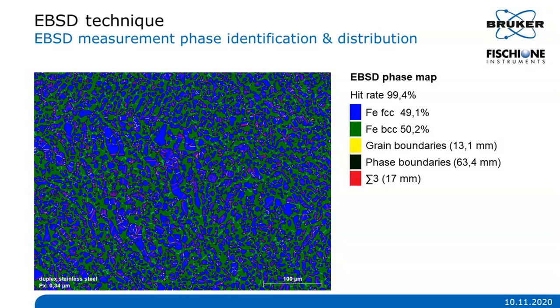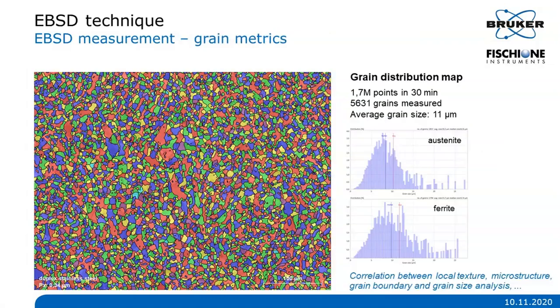From one single EBSD measurement, we retrieve a lot of information: phase distribution, orientation, so the texture, grain matrix, strain localization, and so on. Here is the distribution of the phase and grain boundaries, as well as the CSL sigma 3 boundaries detected in this measured area with the total length. The biggest advantage of the EBSD analysis is that it's the only technique that correlates the local texture with the microstructure.